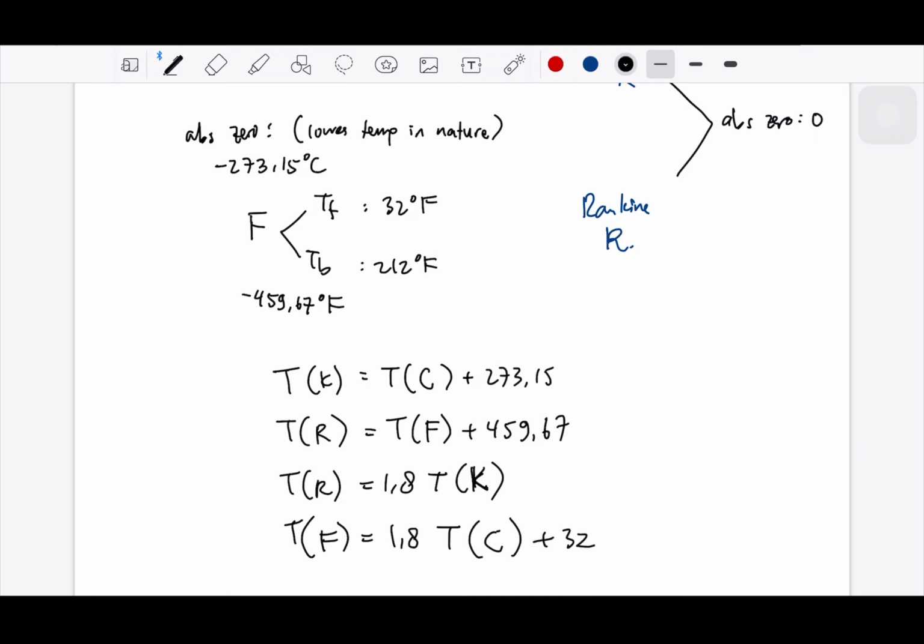Plus 32. There is some mention of heat capacity in this book, but I think that is more in a later part of our chapters. So I will just stop here for temperature.